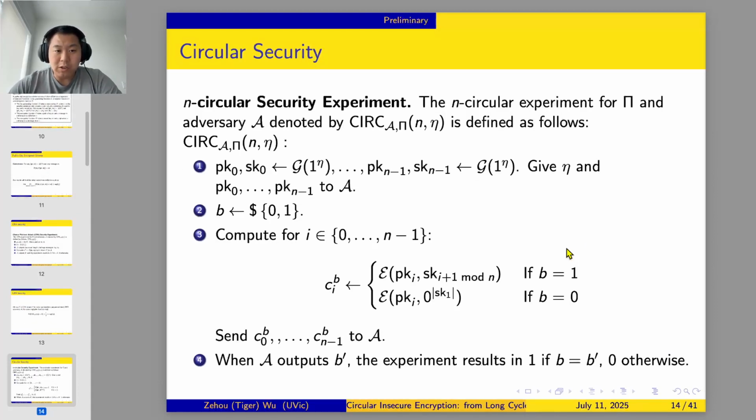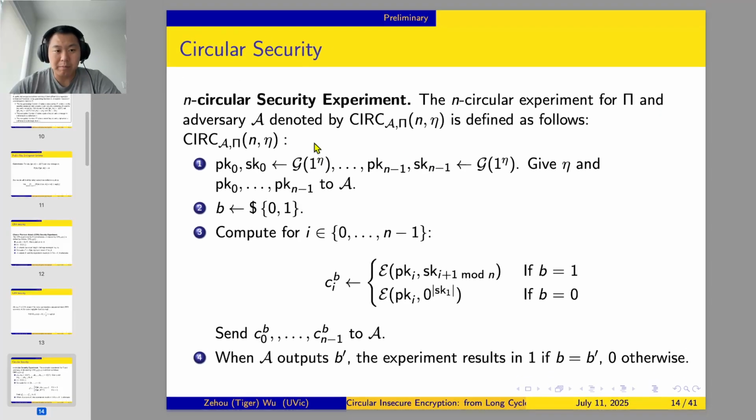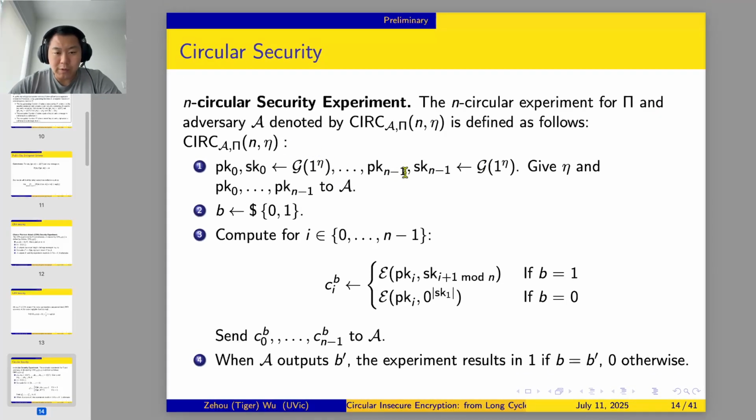And for circular security, we define a circular security experiment between an encryption scheme pi and an adversary A. First of all, n key pairs are sampled from the keygen function. A random coin b is flipped.